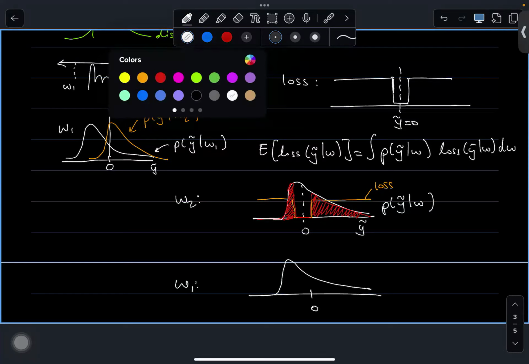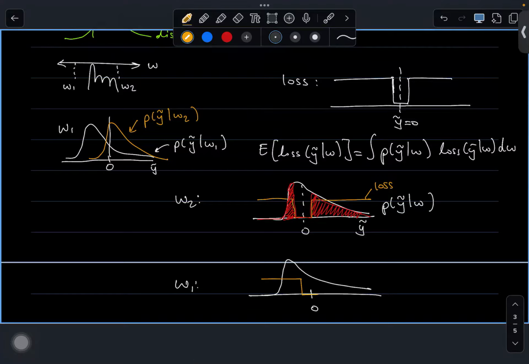My loss function had this color. I get a function that looks like this. And if I were to integrate that, summing it up, they'll look like this.